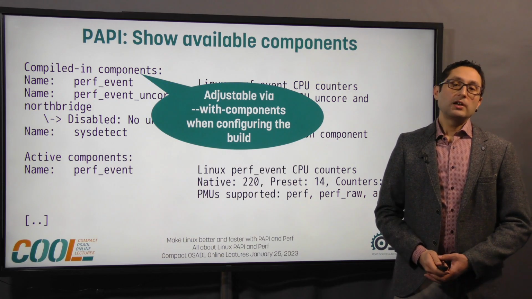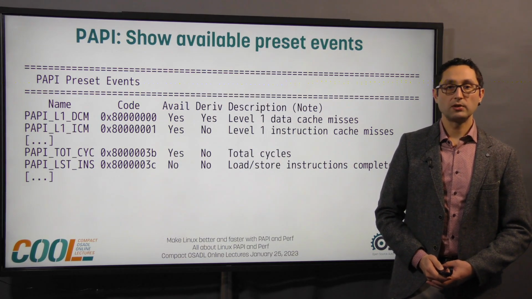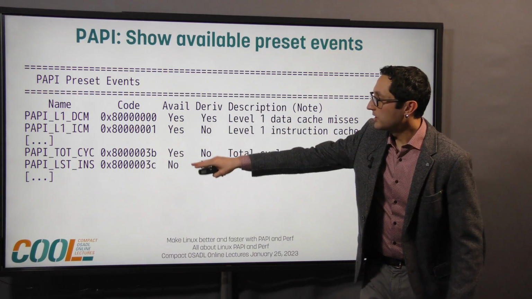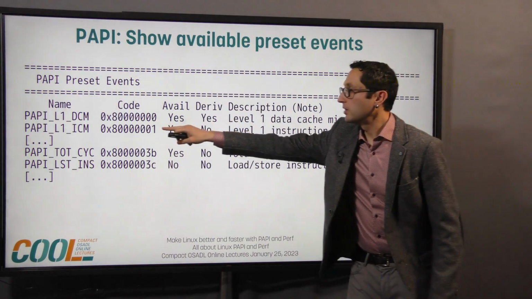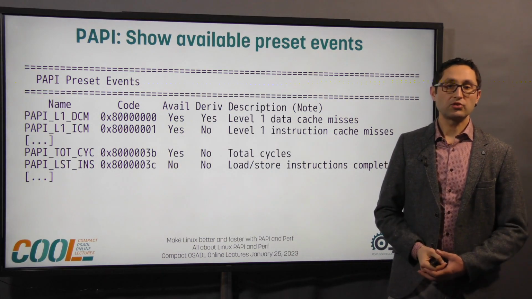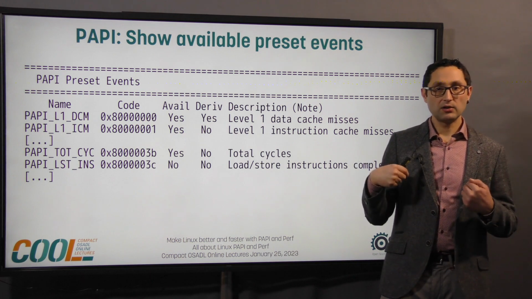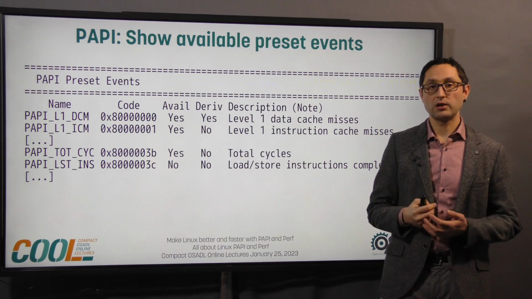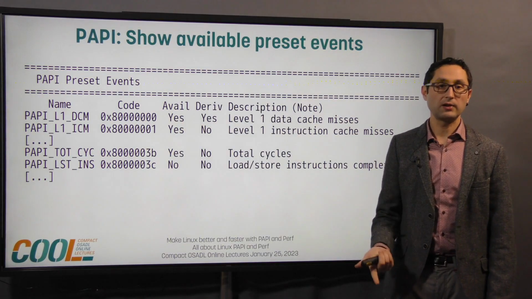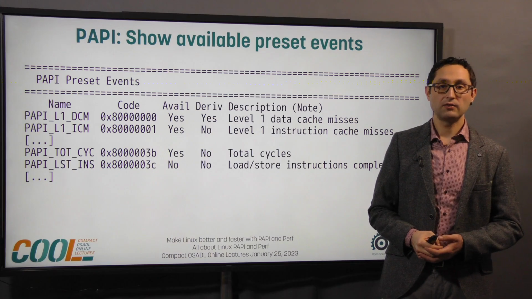Another important command is the command that shows the available preset events. This is an example on the IMX8, and right here with PAPI_L1_ICM, we can see this is the level 1 instruction cache misses. This is the abstracted name. It maps to a native event, and this is very different on several architectures, but with this naming scheme, we can use the same code later on x86 and other platforms, and the library would make sure that it maps to the correct native event.